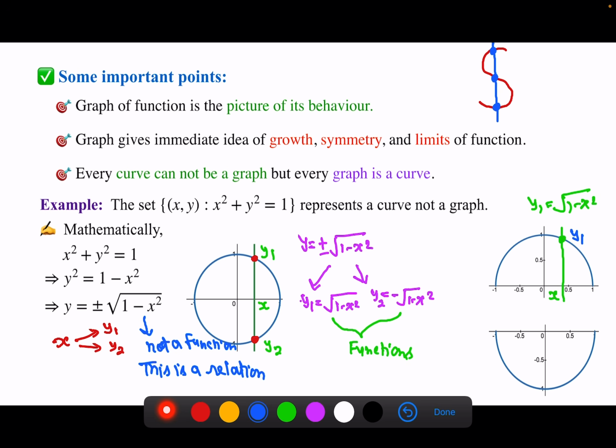Here again, if we draw a vertical line, then corresponding to this x, we get a unique value of y2. So now I can say that this is a graph. This is also a graph. This graph corresponds to function y1, and this graph corresponds to function y2, which is minus root 1 minus x square.